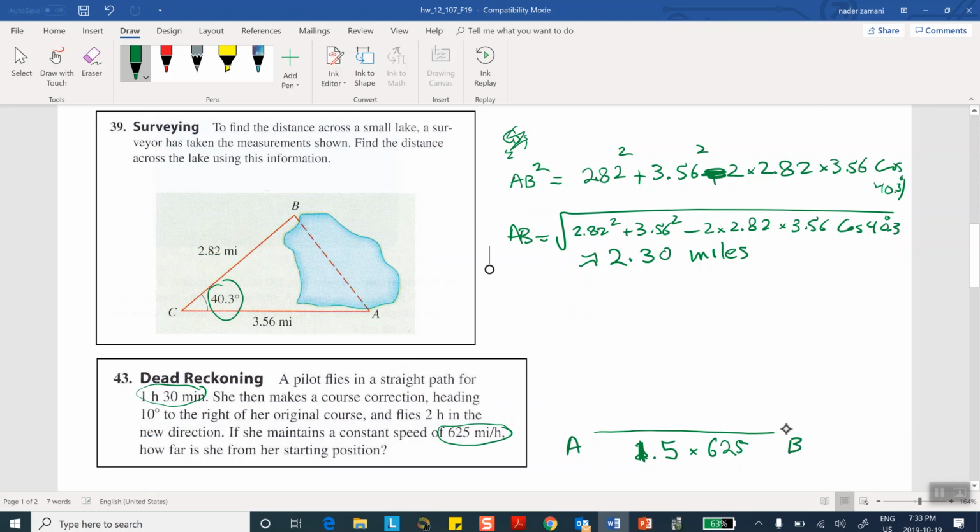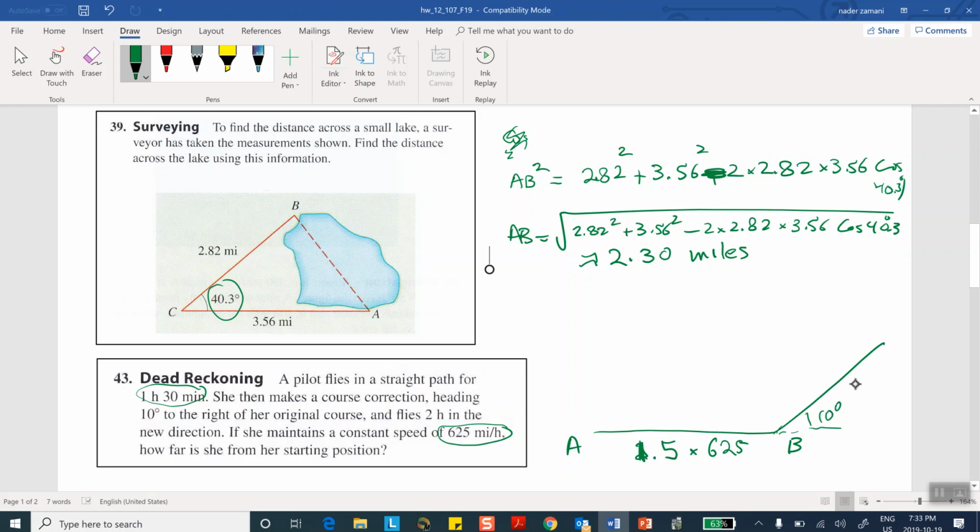Then it says it makes a correction heading 10 degrees to the right. My guess is that it's saying this angle is 10 degrees, unless I'm interpreting this wrong, but I think that's okay.